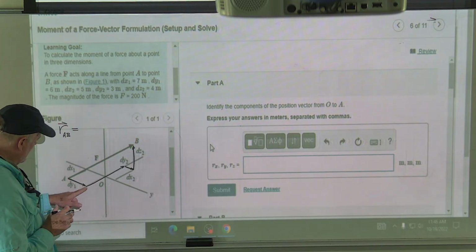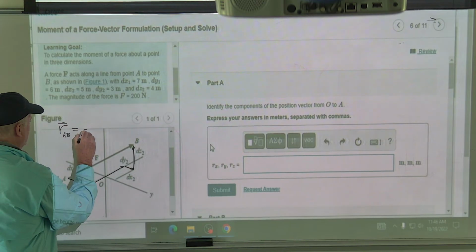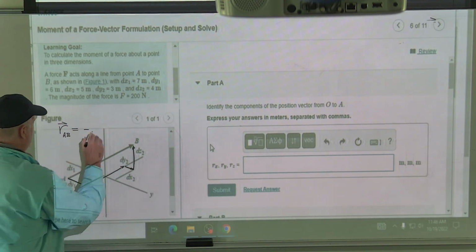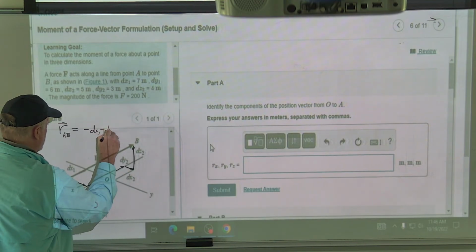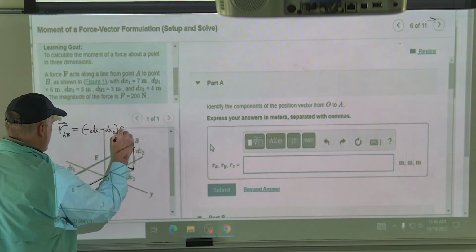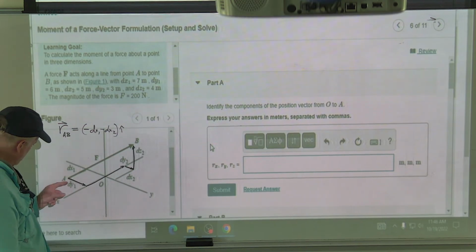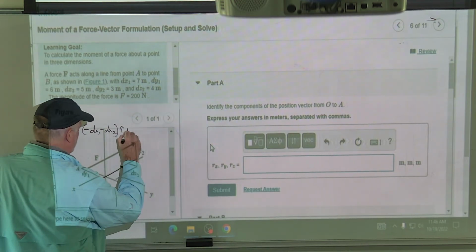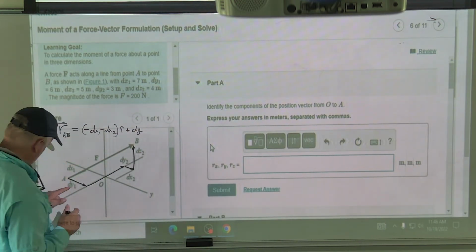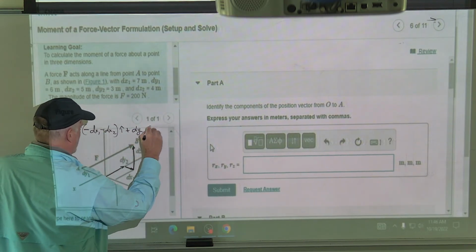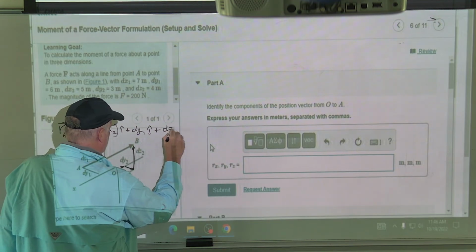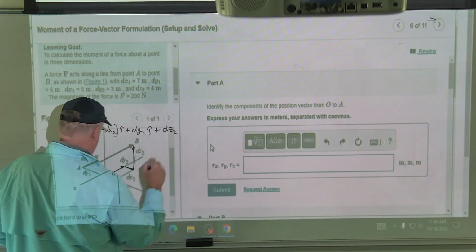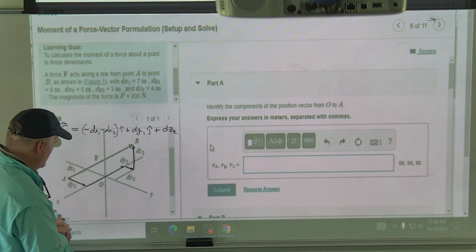So it turns out I go backwards, dx1 and backwards dx2, and then I go i. Where's my y? I go out this direction, I'm going positive, dy1 j, and then I go up dz2, sorry. Where's the dz1?